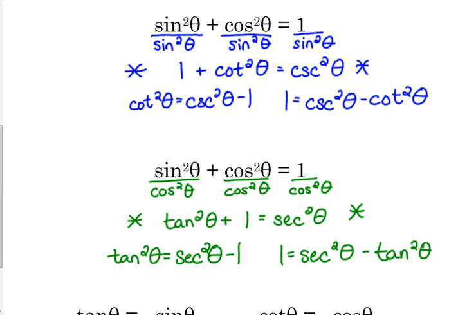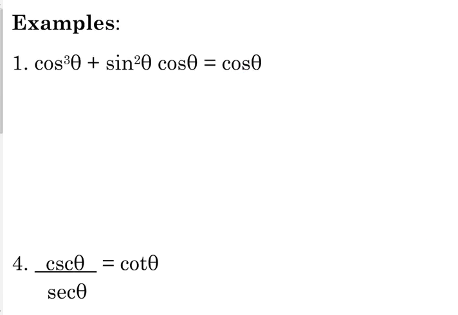Okay, so here's how we're going to use them. This is what is called a trig identity. Cosine cubed of theta plus sine squared of theta times cosine of theta is equal to the cosine of theta.